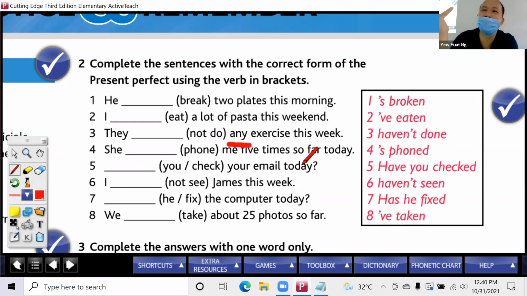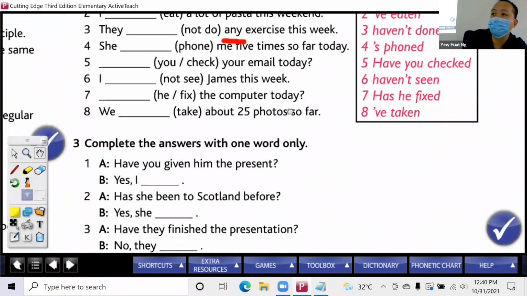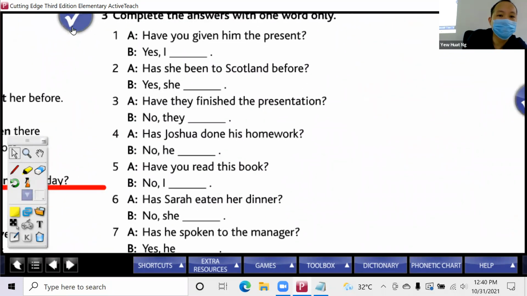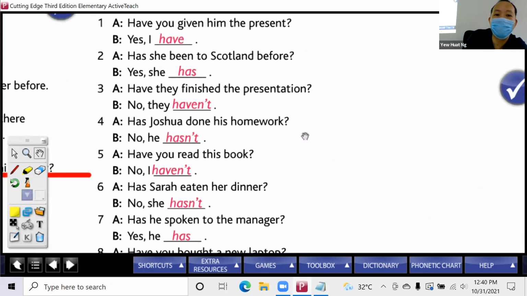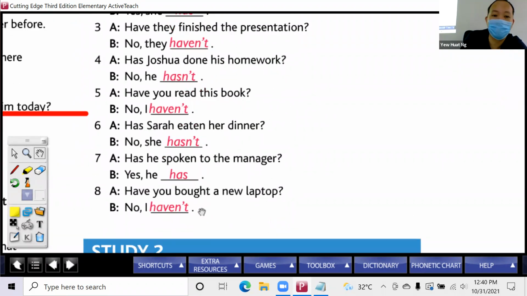If you forget to add it in, it's not so nice, but we still understand. But you need to add it in to complete it. Okay. Next one. Yes, I have. Yes, she has. Have you bought? No, I haven't.